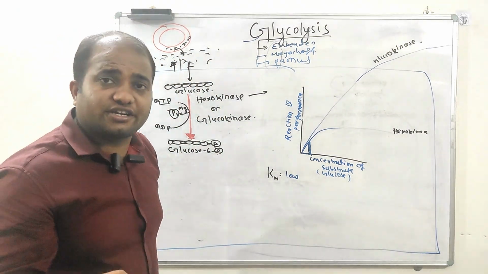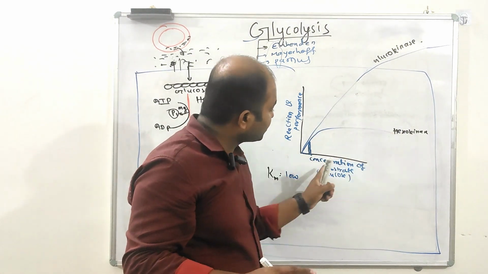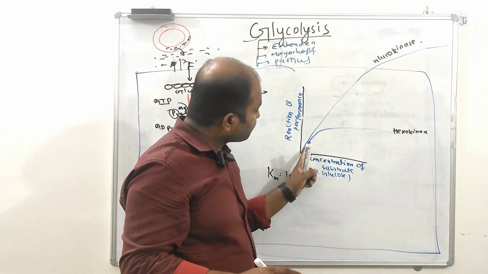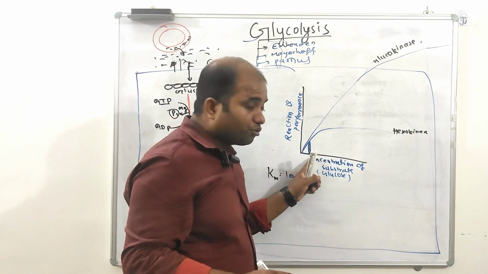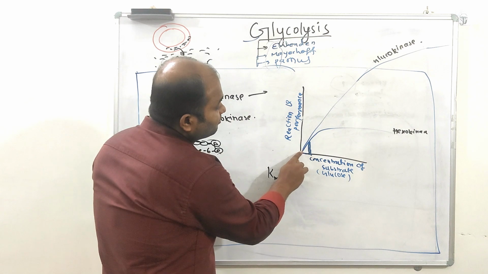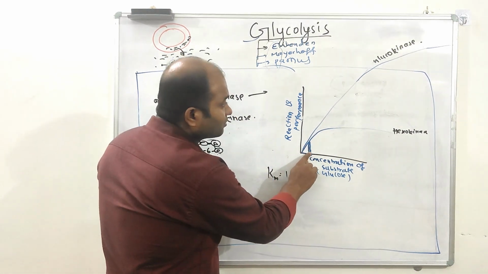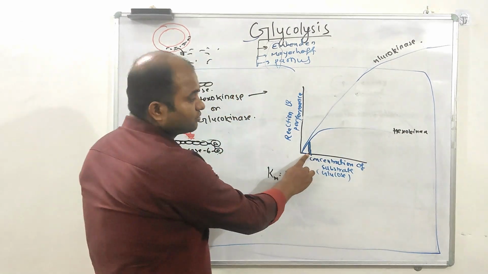If we talk about affinity, the affinity of this hexokinase toward this glucose is more, because with little glucose only, the reaction velocity is more. That means it is very sensitive to glucose. Hexokinase is very sensitive to glucose, right?